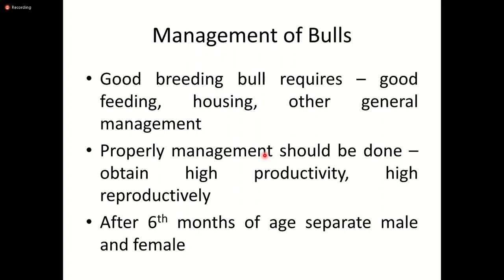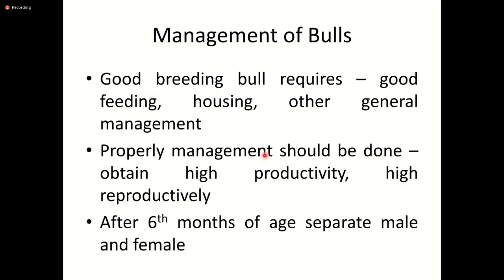So we have to provide very good feeding, housing, health and general management practices, just to maintain a very good environment for these animals. But at the initial stage, maybe up to 6 months of age, usually they are kept together with the female animals.